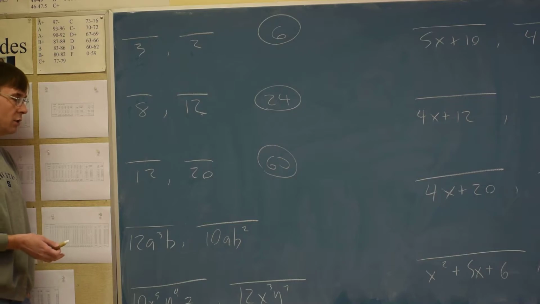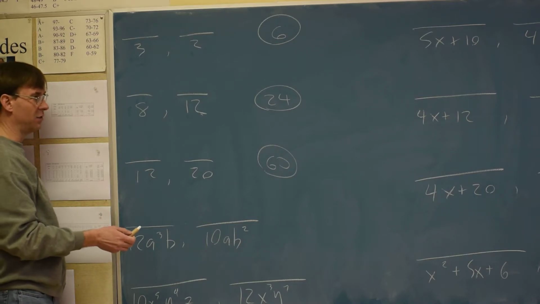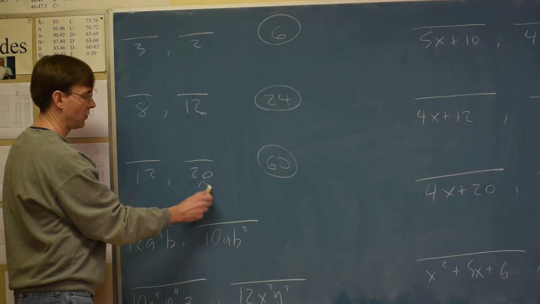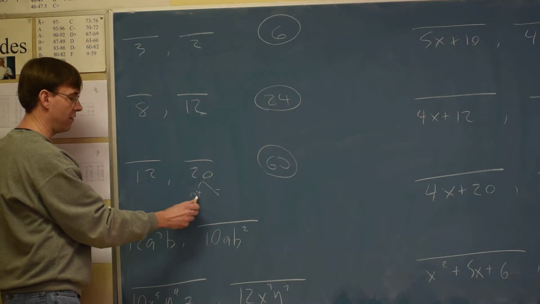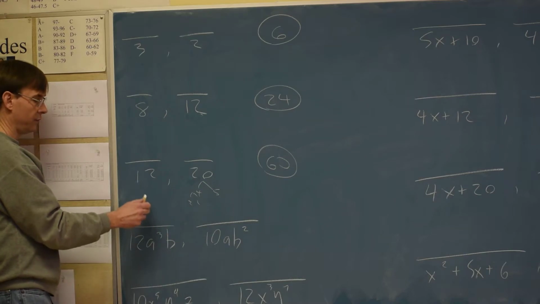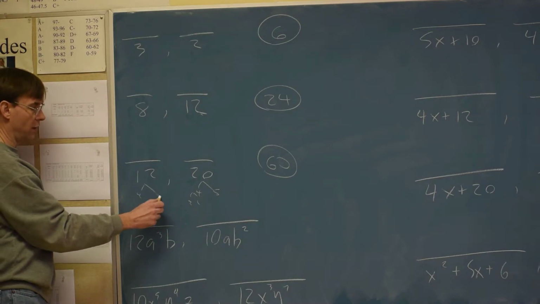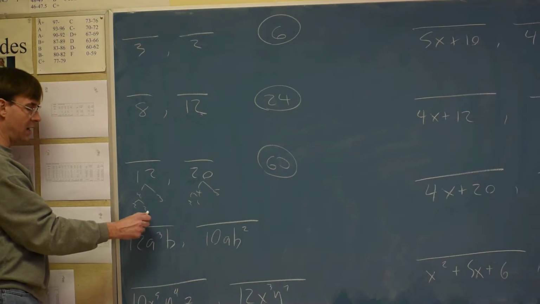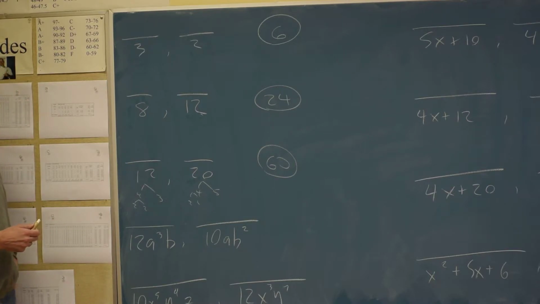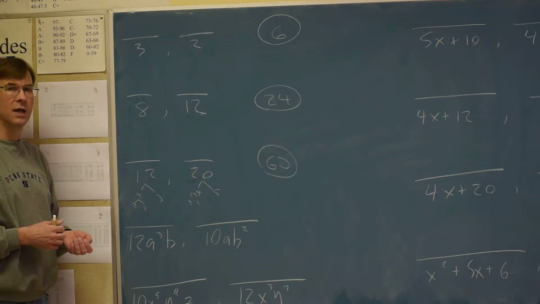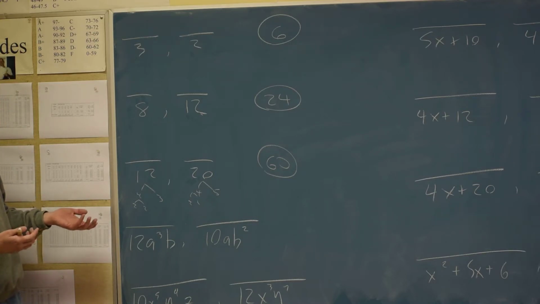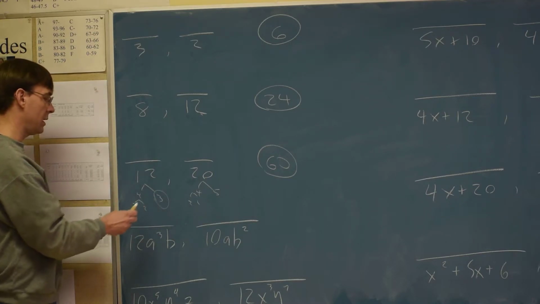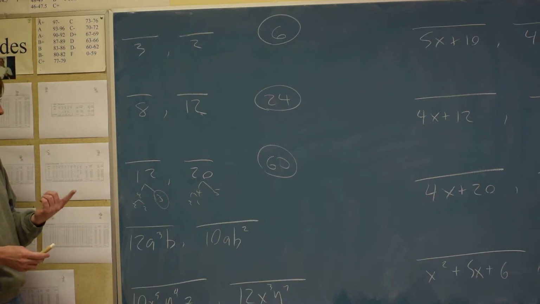Another way you could do it, but I think it's longer, is to do factor trees. So if we did a factor tree here, we could go like 4 and 5, 2 and 2. This we could do 4 and 3, 4 becomes 2 and 2. At the beginning I said one way to do this is to take each factor the most times you see it. So for this problem, I see a 3, once is the most I ever saw it.